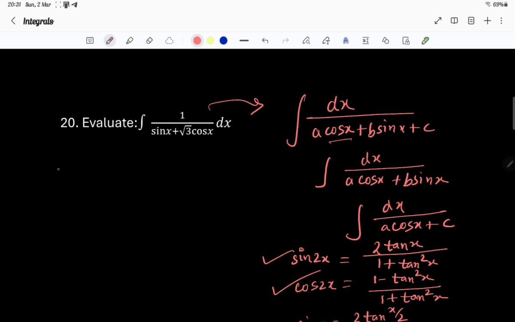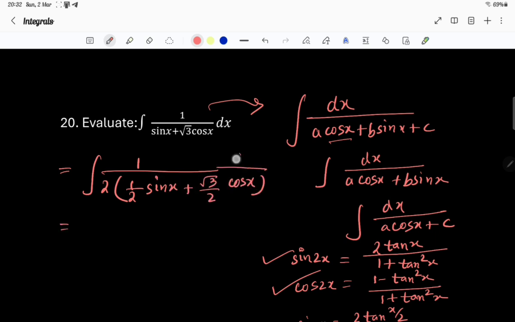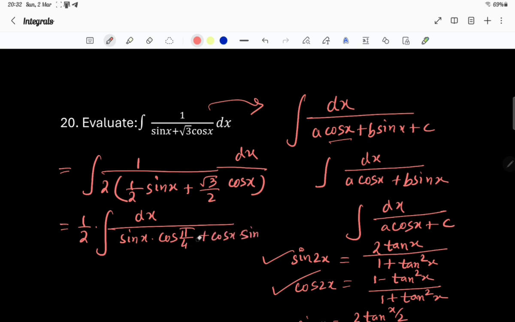Okay, one more alternative method is there. If you multiply by 2 and divide by 2, what will come? Check, half is coming outside, dx by, can I write, sin x into cos pi by 6 plus cos x into sin pi by 6?